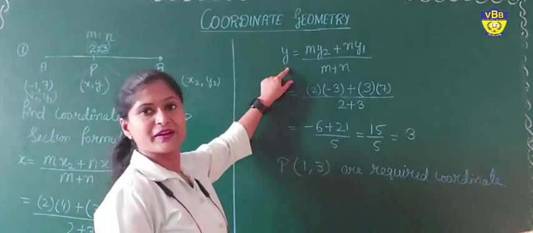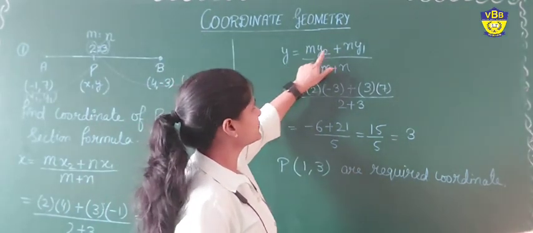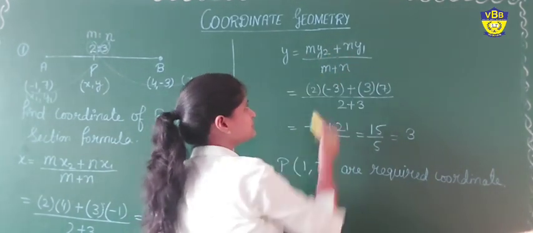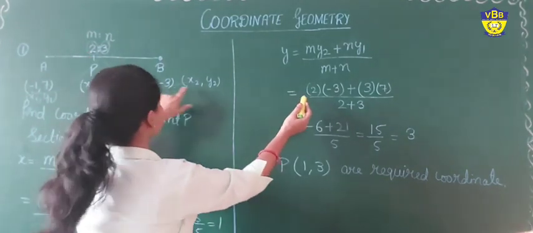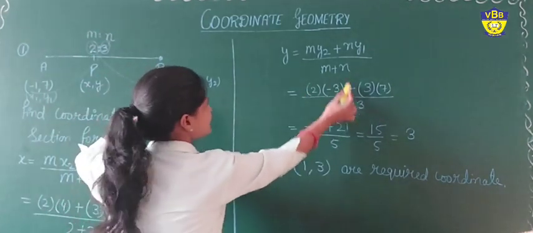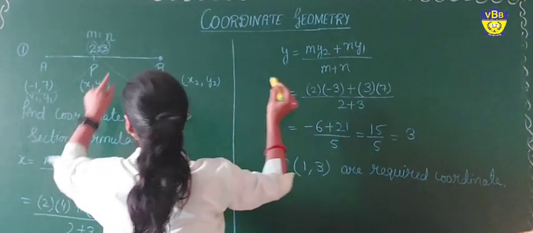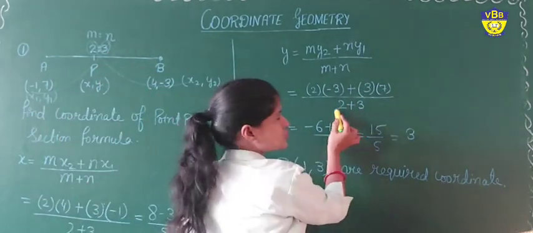To find the y coordinate, the formula is m y2 plus n y1 upon m plus n. Put the values. m is 2, y2 is -3, plus sign here, n is 3 and y1 is 7, divided by 2 plus 3.